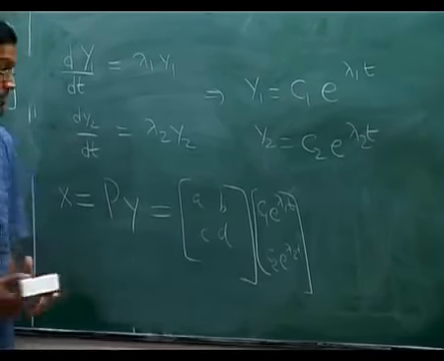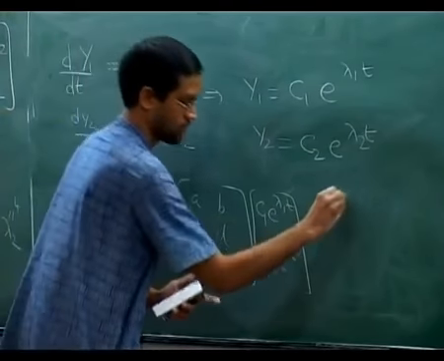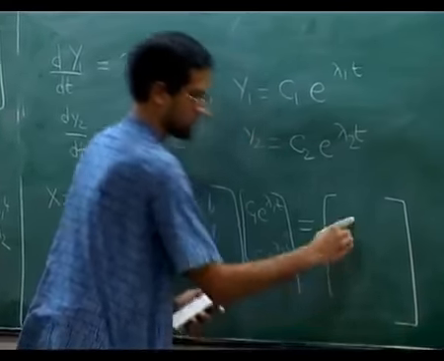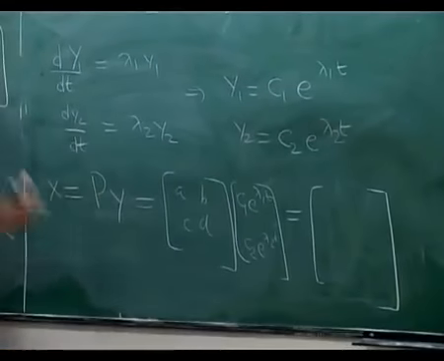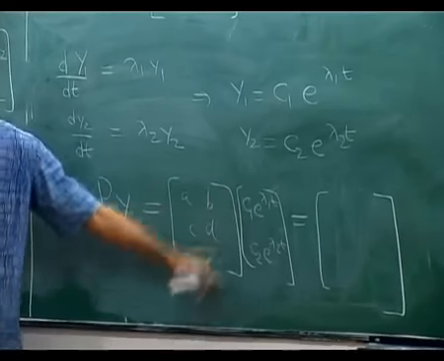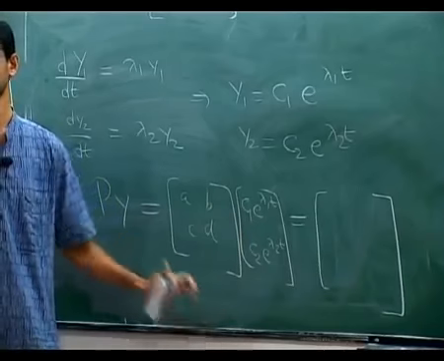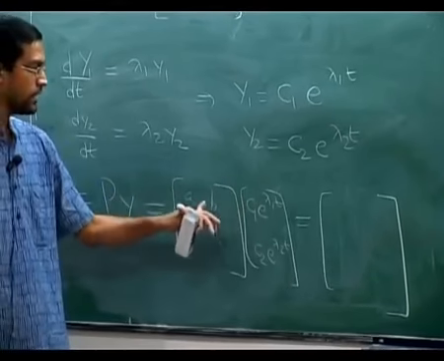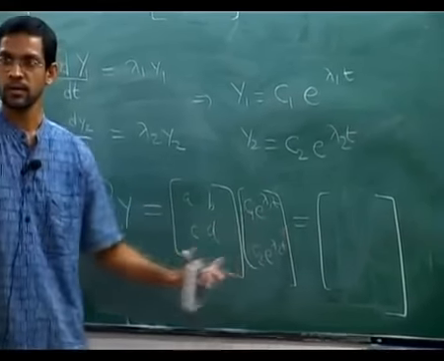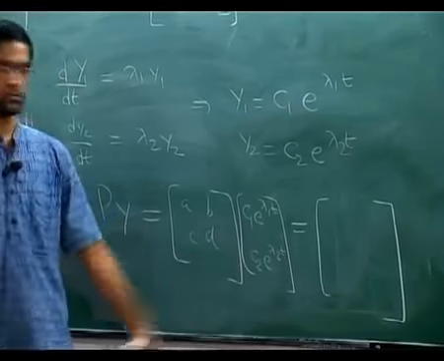Because now I will expand this out. What will I get when I multiply this matrix by that? What will the first entry look like? It's some combination of these two functions, e to the lambda 1 t and e to the lambda 2 t, because it's a c1 e to the lambda 1 t plus b c2 e to the lambda 2 t. The bottom is some other combination, c c1 plus d c2.